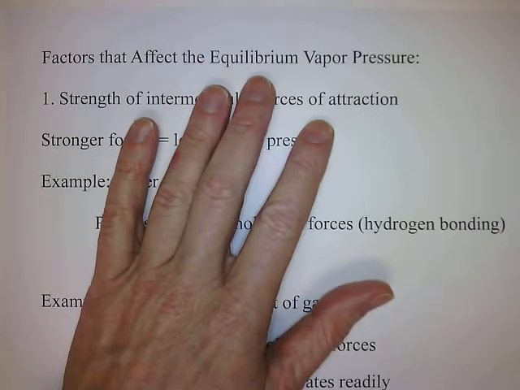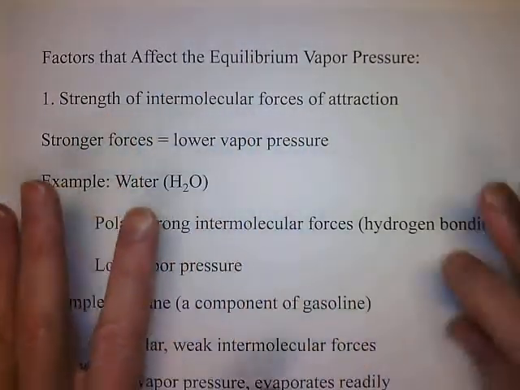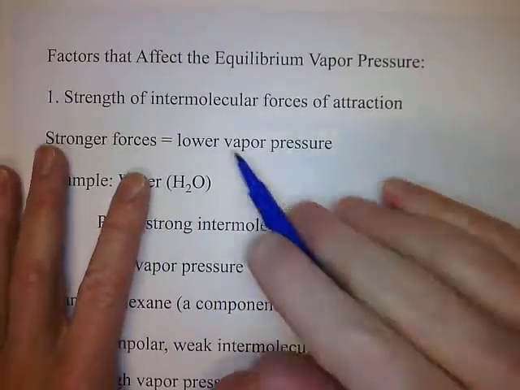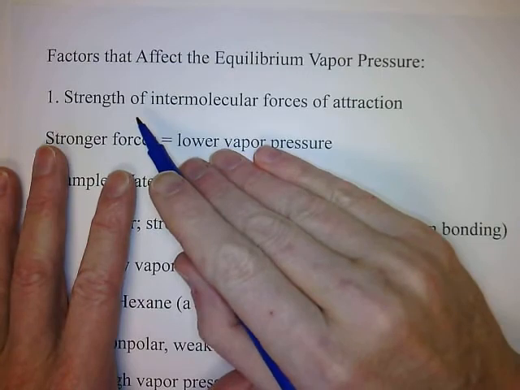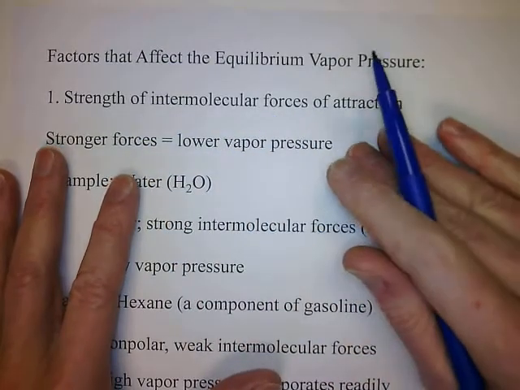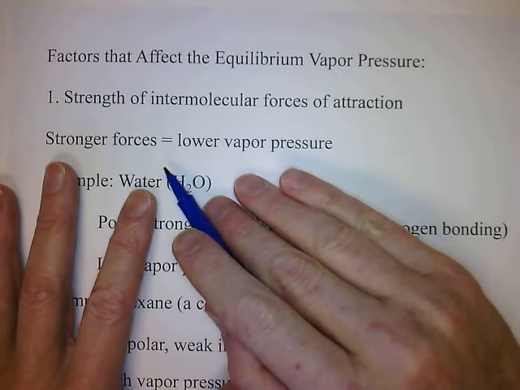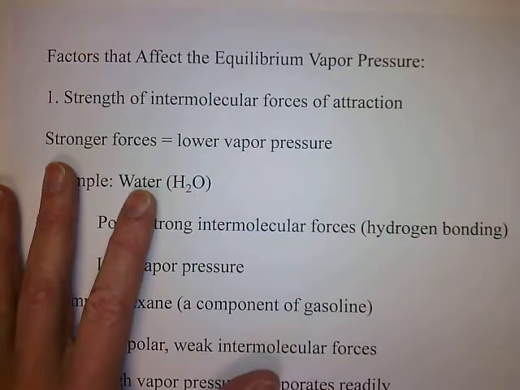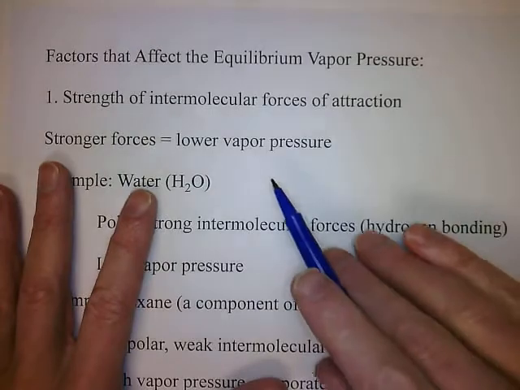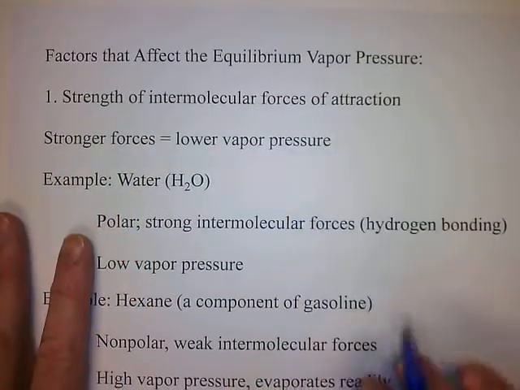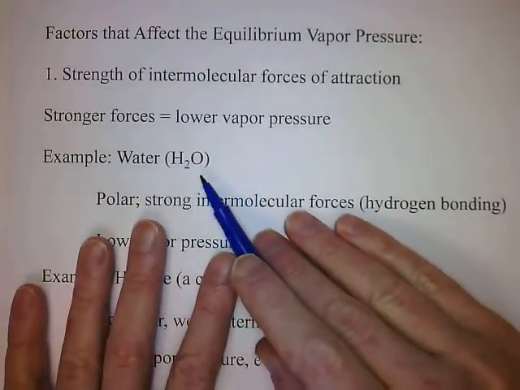Not all substances have the same vapor pressure. It's very much a function of the strength of the intermolecular forces of attraction. Stronger intermolecular forces mean lower vapor pressure. For example, we look at water.